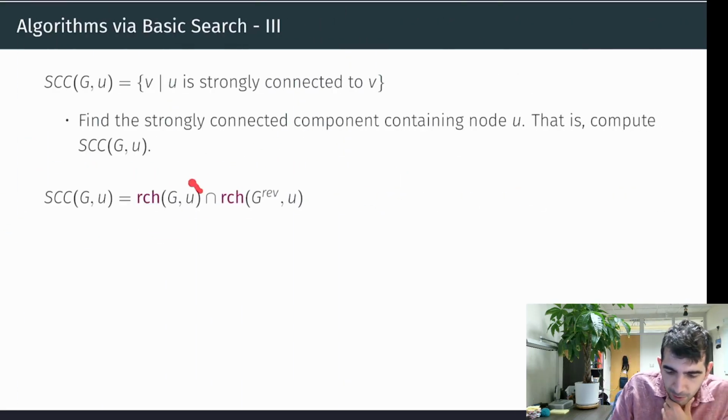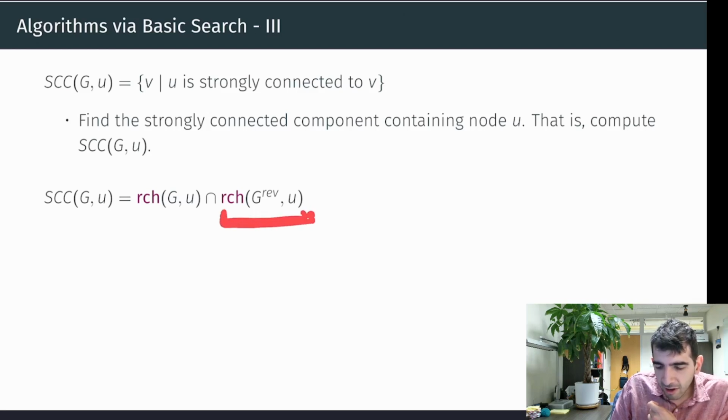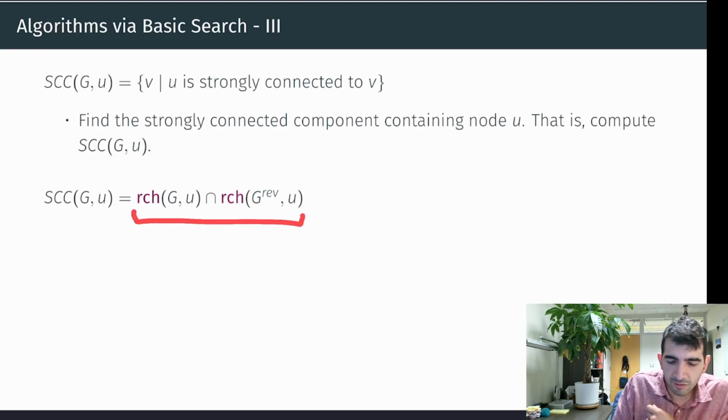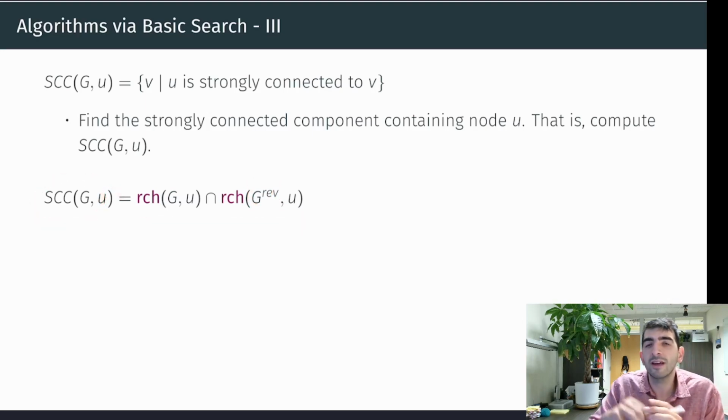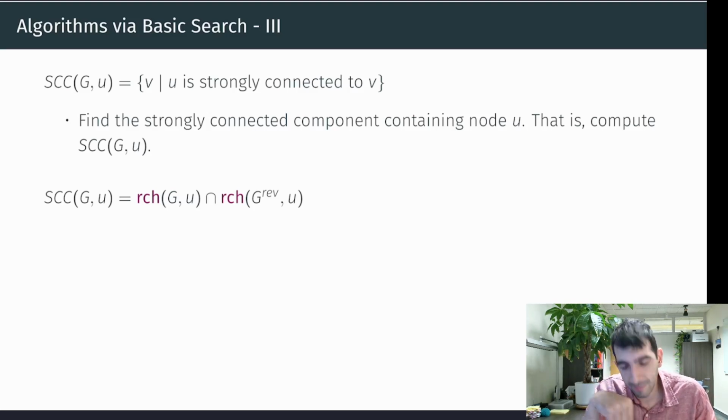We simply compute the reach of U on the original graph, and then we compute all the nodes that can reach U using the reverse graph. Okay? And the intersection of these two sets gives you the strongly connected component that contains U. Does that make sense?